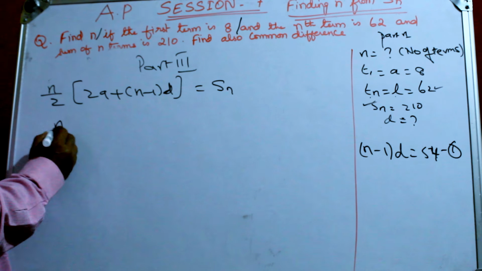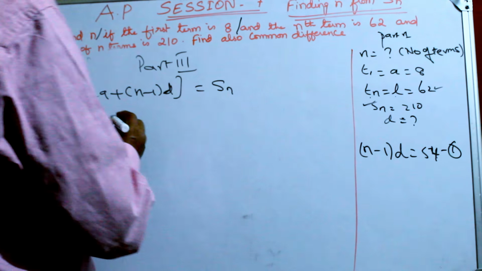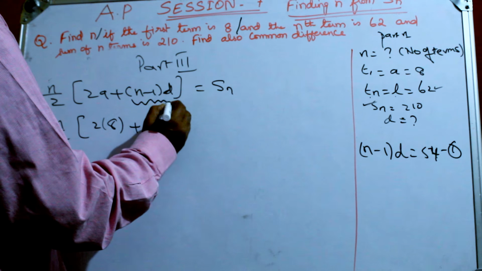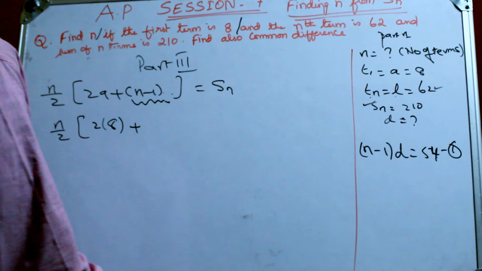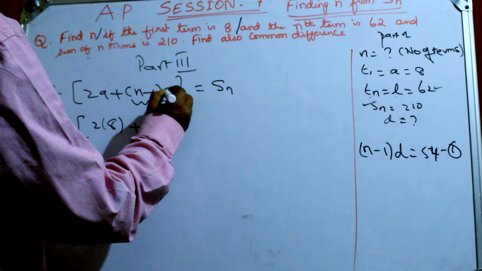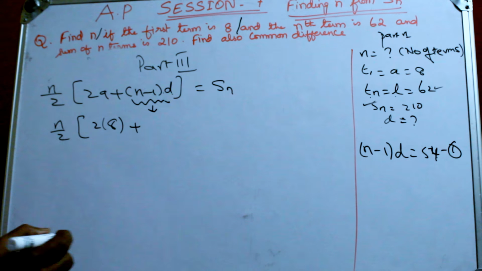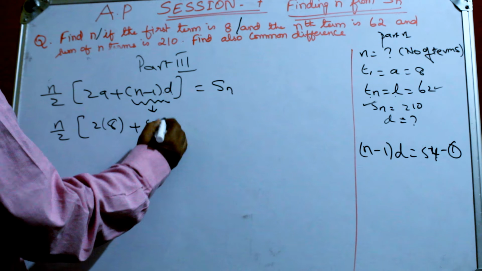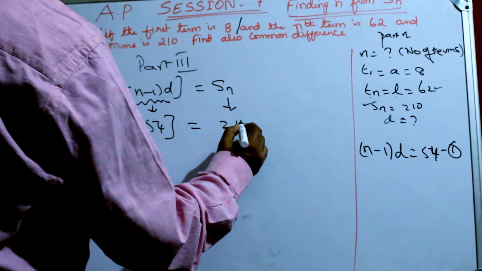So look here, n by 2 into 2 into A, which is 8. So put 8 here, plus this n minus 1 into D. This n minus 1 into D, the full thing, is nothing but 54, is equal to Sn, which is 210.